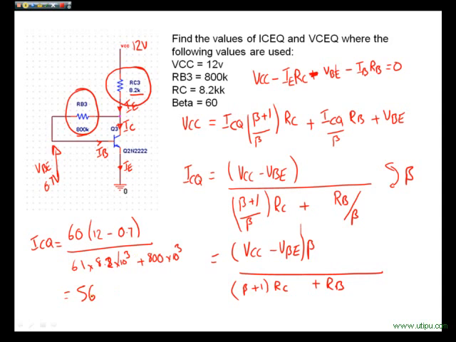If we plug all that together, we are operating at 561 microamps. Basically that's half a milliamp. With 12 volts here and 8k, that's going to drop about 4 volts. So roughly speaking, this is going to be around about 8 volts. Therefore our conclusion can be the circuit works.